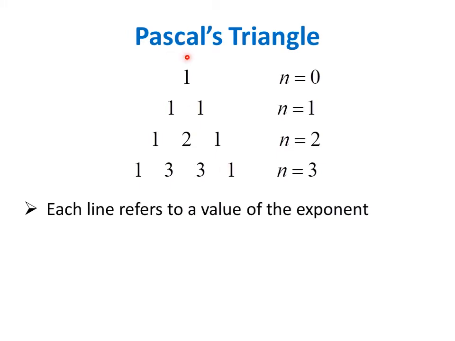One thing that we have to remember about Pascal's triangle is that each line in this triangle refers to a value of the exponents, such that this one represents the case when the given exponent n is equal to 0. Because, for example, if you have the binomial a plus b and you raise that to 0, then we know that an expression raised to 0 is 1, so we have only 1.